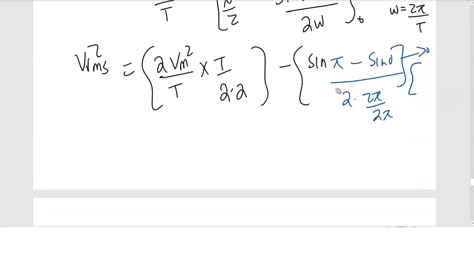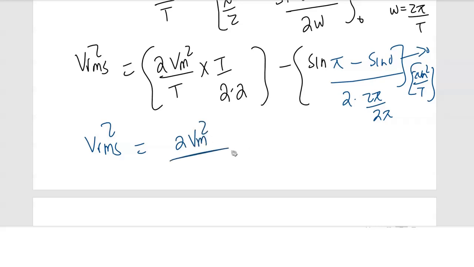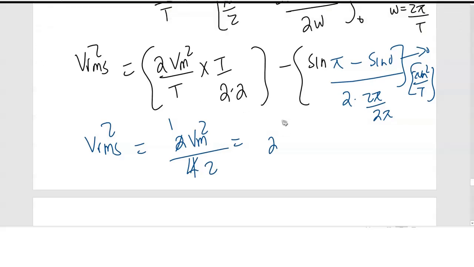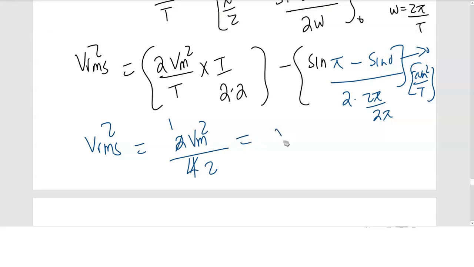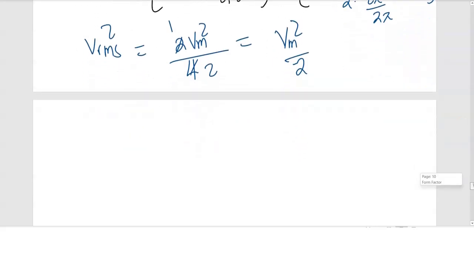Remember, I was supposed to multiply by 2 Vm squared over T. So this goes to 0, and then I'll have VRMS squared equal to 2 Vm squared divided by 4, which becomes Vm squared over 2.